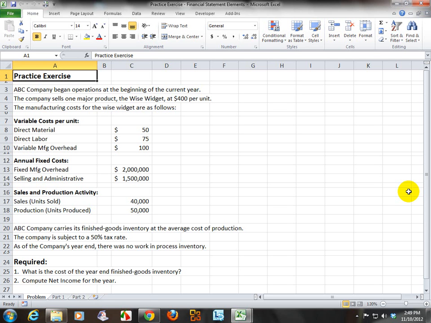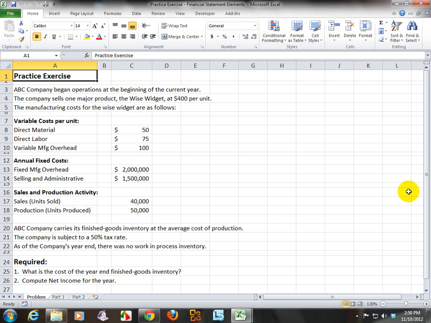The company carries its finished goods inventory at the average cost of the product. That includes both variable costs and fixed costs. The company is subject to a 50% tax rate, and at year end it didn't have any work in process inventory. The only inventory it had left was finished goods inventory.